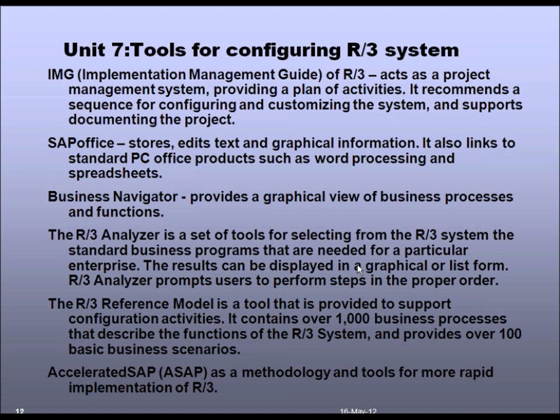Then there is something called SAP Office, which basically stores and edits the various documents which we use for maintaining information for a project. So this is something like a project management tool, which contains all the information.